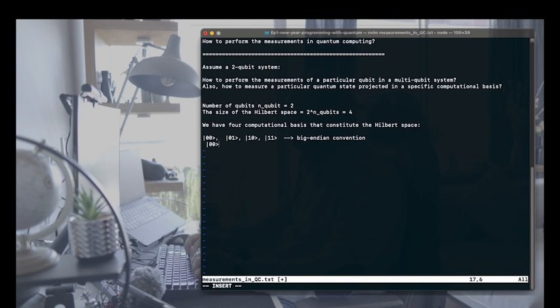If we wanted to write them in Little Endian convention, the 00 will stay the same, but then we'll count from the left. So we'll have ket 10, ket 01, and then ket 11. And this will be the Little Endian convention.